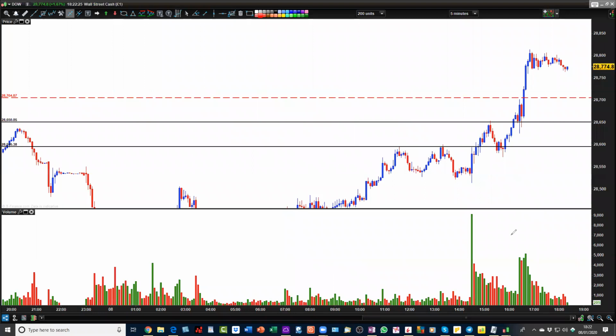22 minutes past 1, and the volume is coming off. So we're going up on lower volume, not what you want. However, if this is really bullish and we come back into this area somewhere on higher volume, then you might want to take that again.